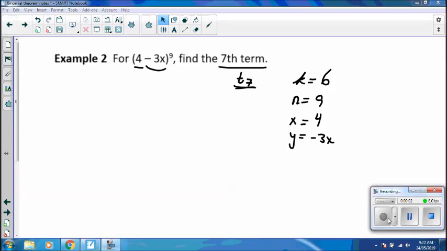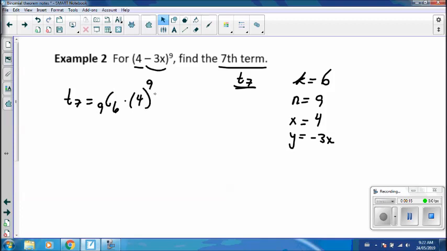All right, so hopefully here to find term 7, you did something like this. Term 7 equals n choose k times x to the power n minus k times y, which in this case is negative 3x to the power k. So this is 84. This is 4 to the power 3.